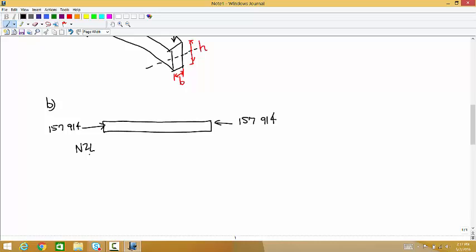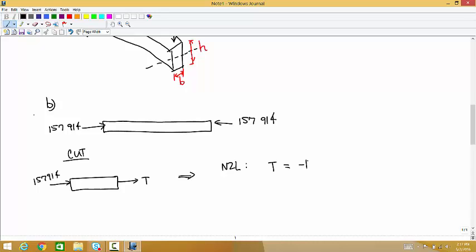Newton's second law, well, you have to do the cut first. So 157,914, the internal tension over here. And so Newton's second law says T is equal to negative 157,914.